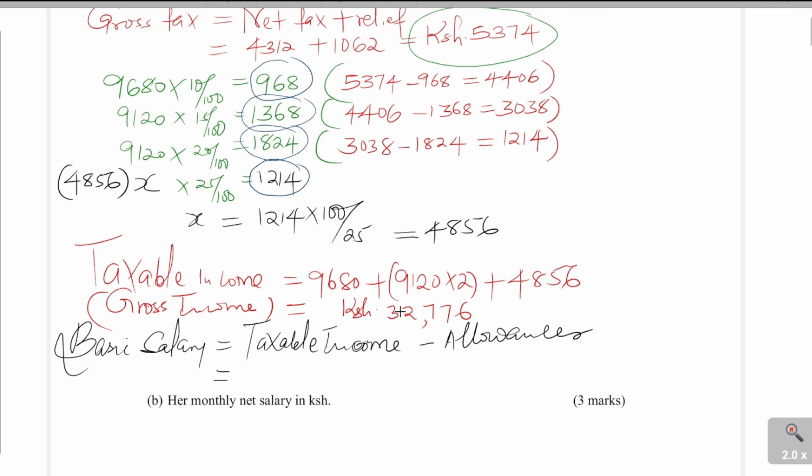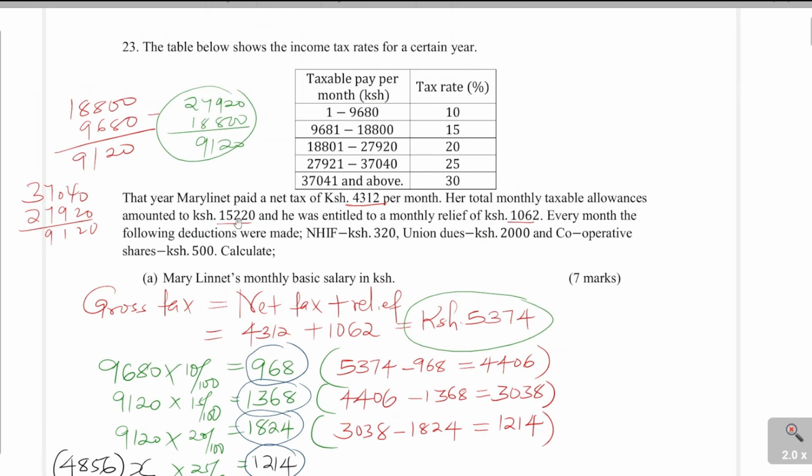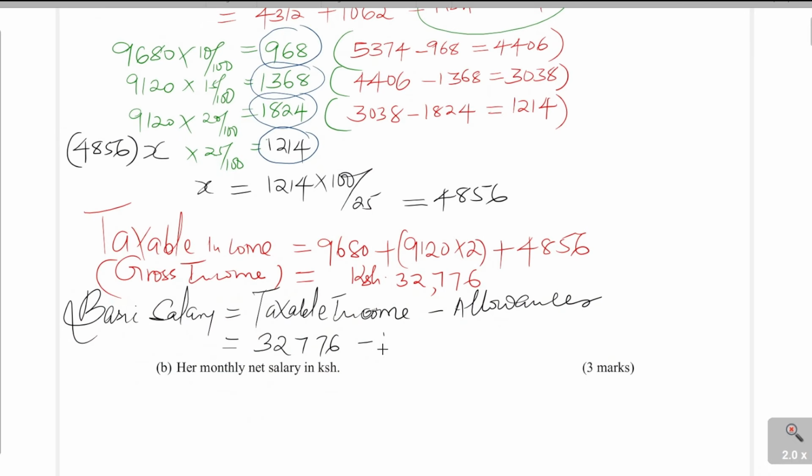The taxable income we have is 32,776. Subtract the allowances. The allowances amounted to 15,220 in the question. And this should give us the basic salary as 17,556. That is the basic salary.